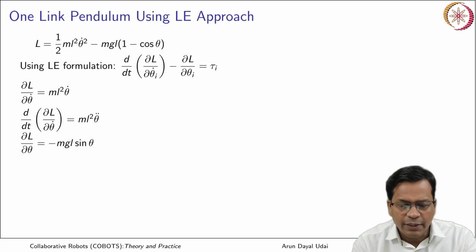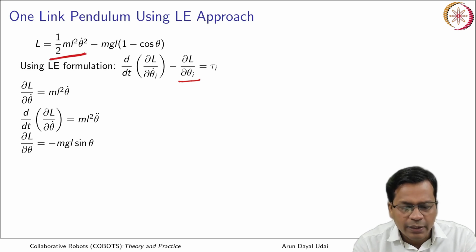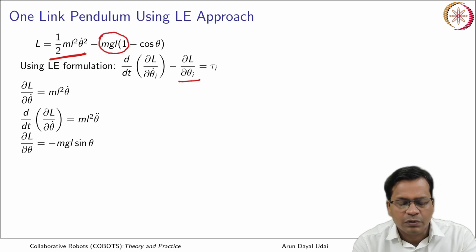Again the second term only has got theta, the first term has got theta dot, it does not have any theta. The term which will come out of this is a constant for theta. There is no theta here, so it is treated as constant.